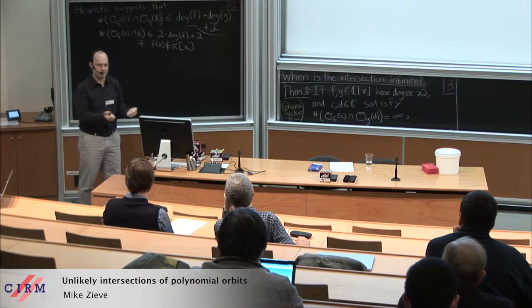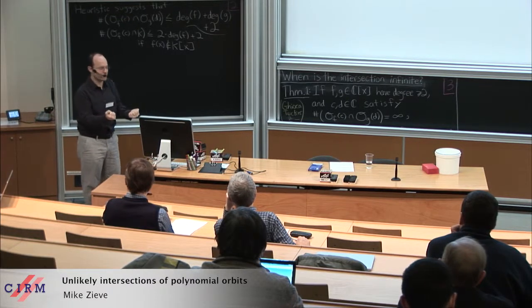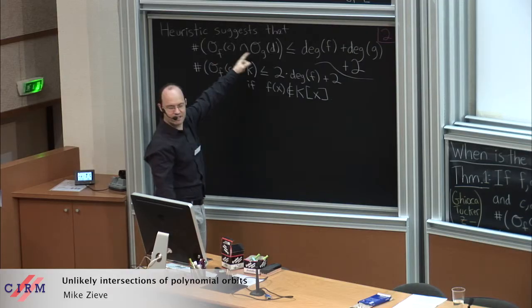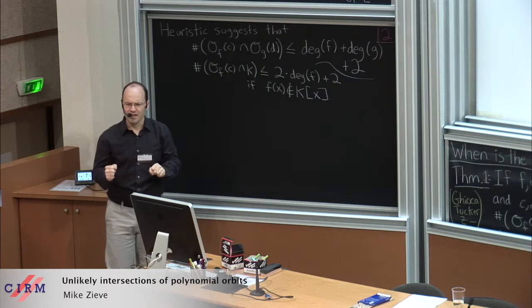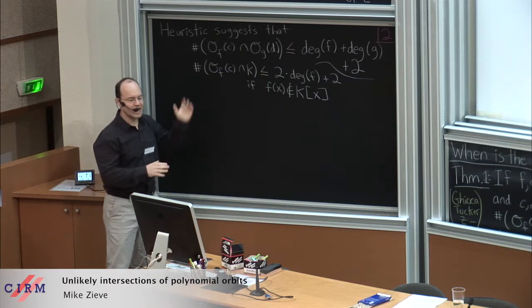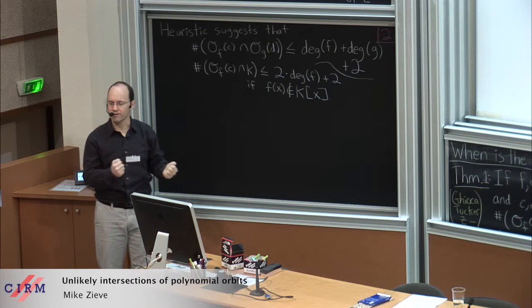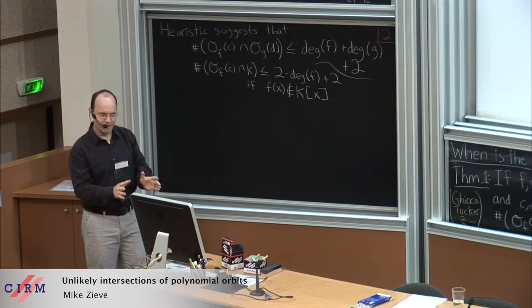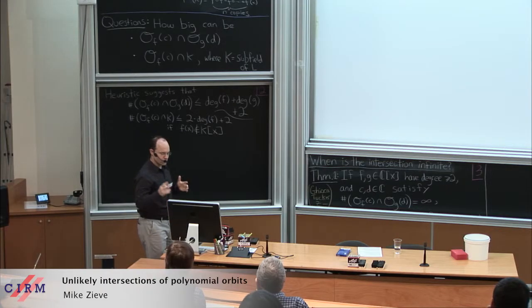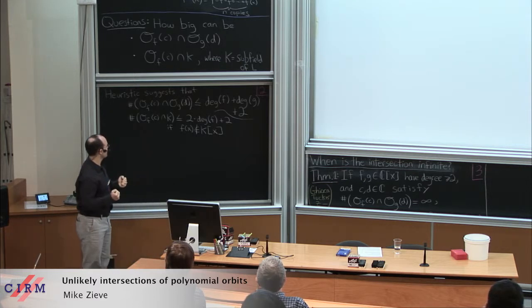So you have 14 free things to play around with, plus the C and the D. So you have 16. But it's really 2 less than that because you can conjugate everything by a degree 1 polynomial. So you really have degree plus 2 free things to play with.